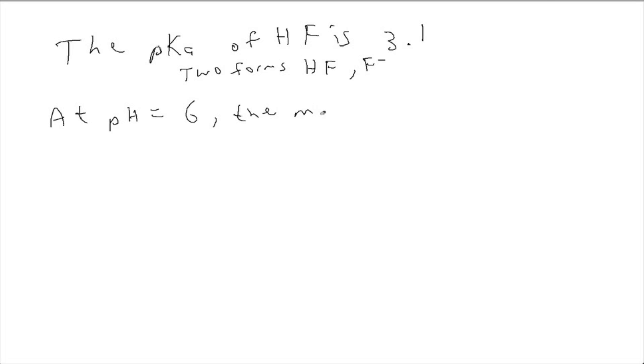So if the pH was 6, what would be the major form of the molecule? pKa is 3. The major form would be F minus.